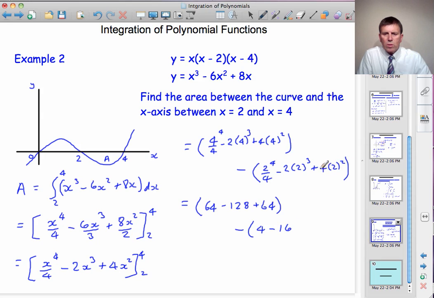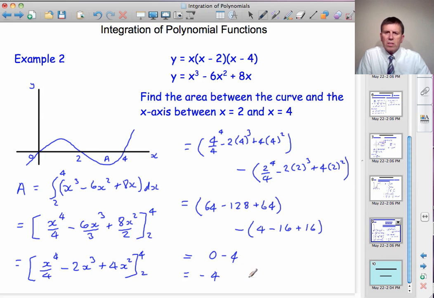And 2 squared is 4, times plus 4 is plus 16. And this first bracket, 64 minus 128 plus 64 is 0. And this second bracket, we've got 4 minus 16 plus 16, which is just 4. There's a minus sign at the front, so it's minus 4. So the answer is minus 4.